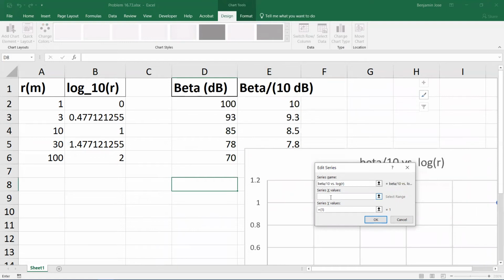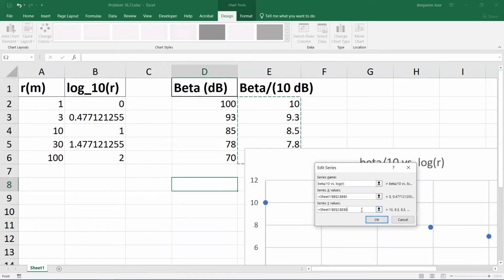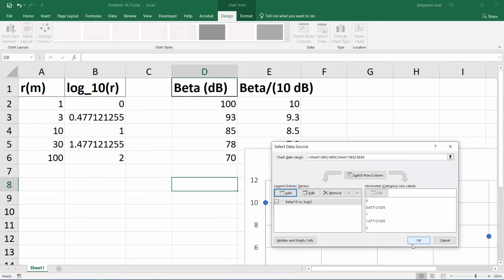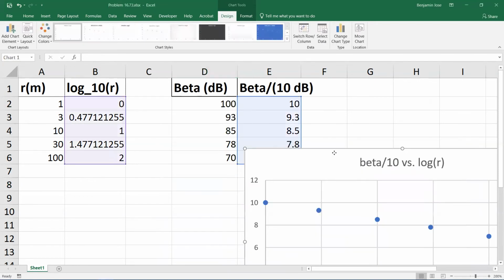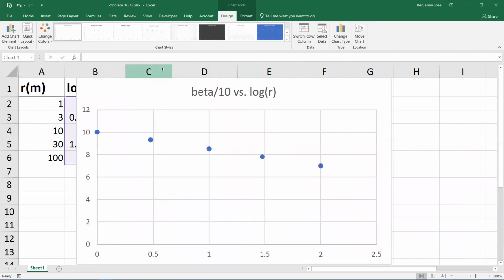So for my X values, they really mean horizontal values. That would be the log base 10 of my distances, the independent variable. And then consequently, what are the sound levels divided by 10? Okay, and I think I have to hit tab just to make sure that it recorded those changes. Hit OK, OK again. And sure enough, they do appear to fall on a line.